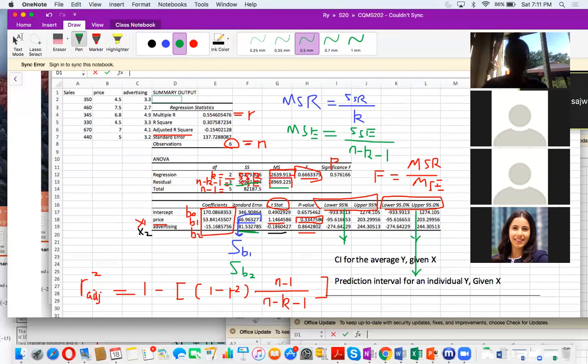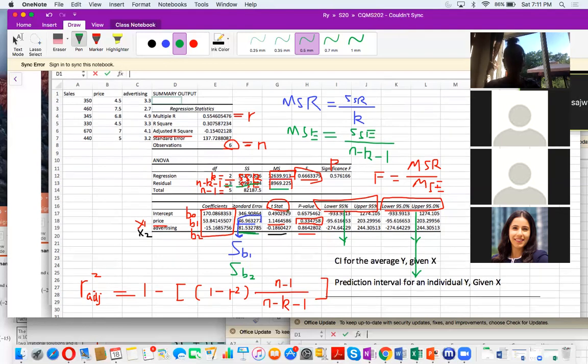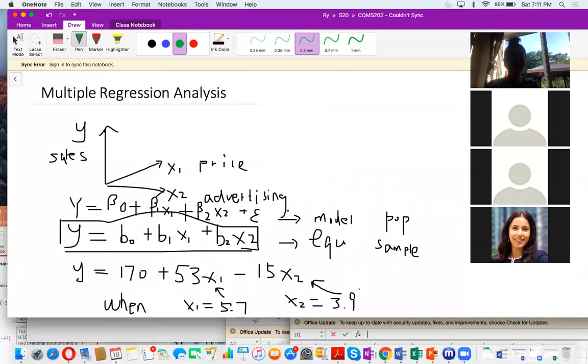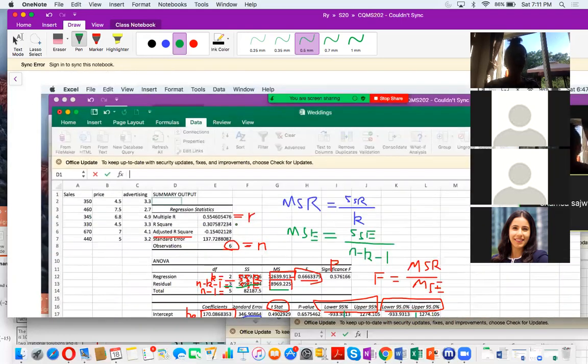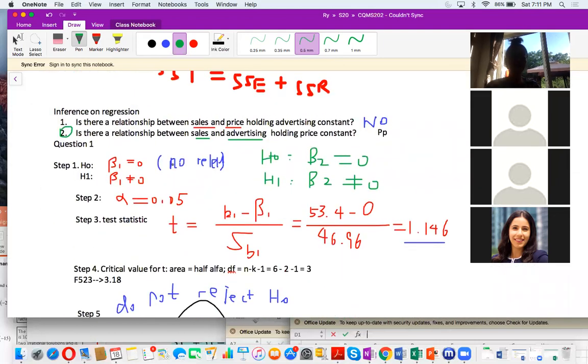So in summary, in this lecture we did multiple linear regression. We talked about what happens if you have 2 x's. Actually, there are 3 questions I can ask you.